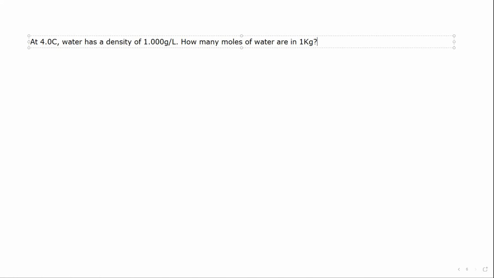Try that one. And then a second question is, how many molecules of water are there in 1 kilogram? Okay, we have 2 questions to answer.